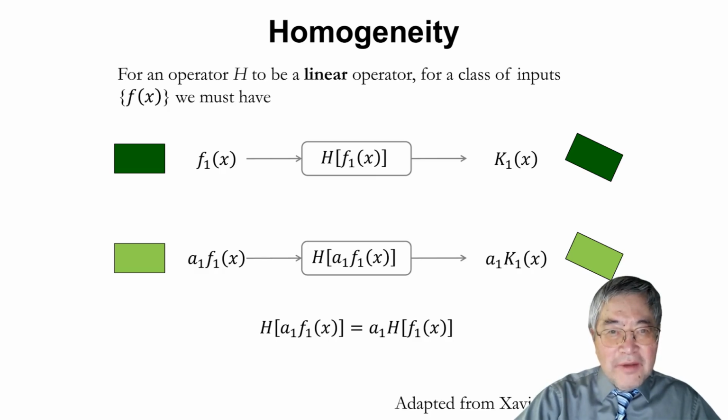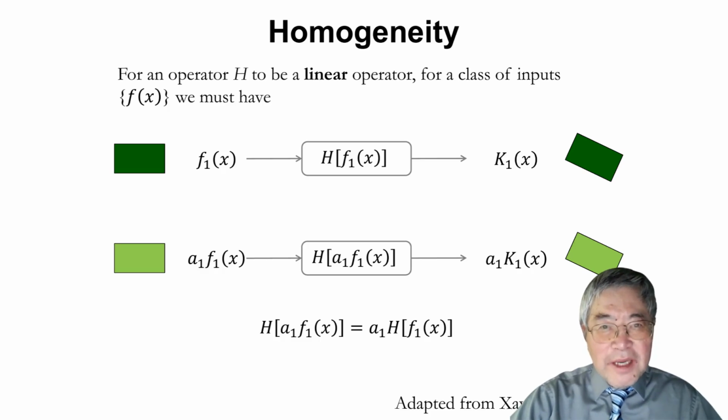More specifically, if two inputs are V1 and V2, giving output L of V1 and L of V2 respectively, then for a linearly combined input, alpha 1 times V1 and alpha 2 times V2, we must have the output expressed as the sum of alpha 1 times L of V1 and alpha 2 times L of V2.